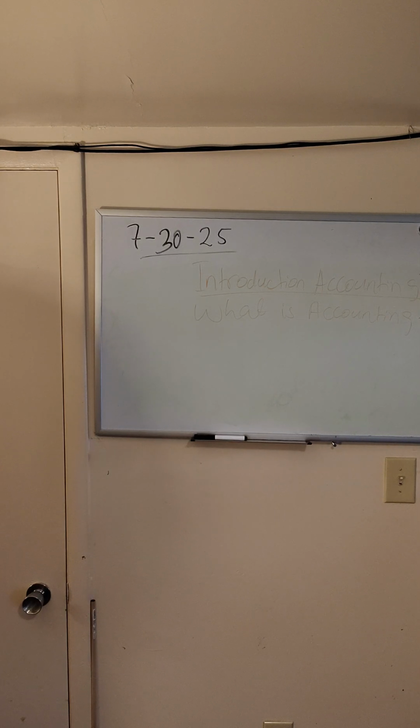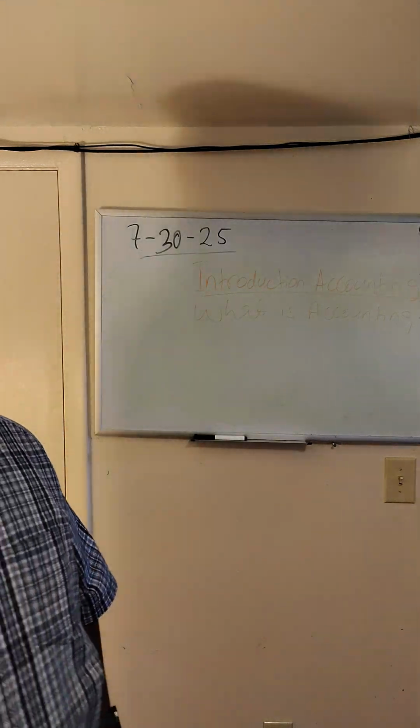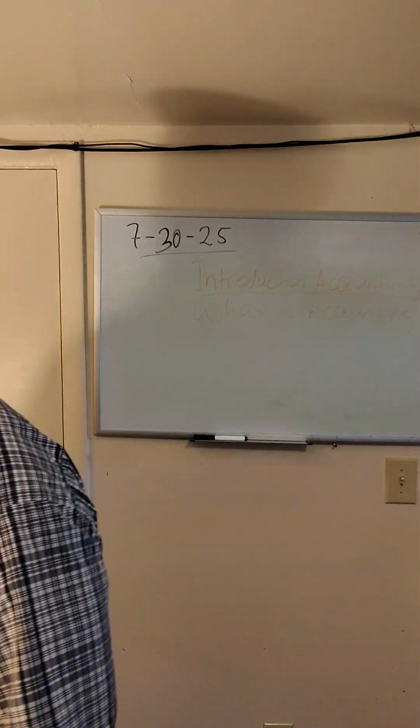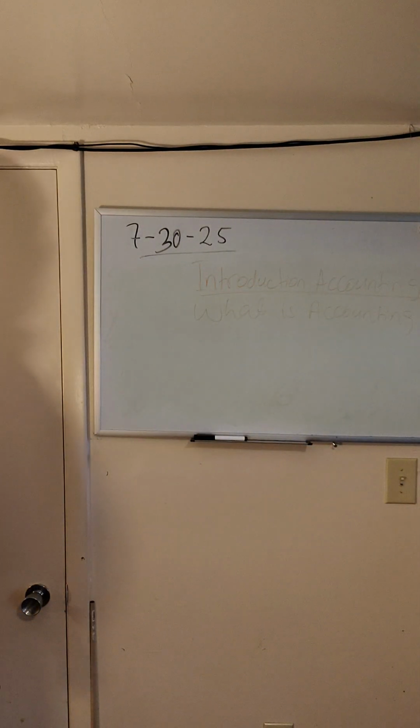What do we mean when we talk about accounting? Today we are just going to make it short and brief, just an introduction, so that as the days go by, we're going to learn more about accounting.